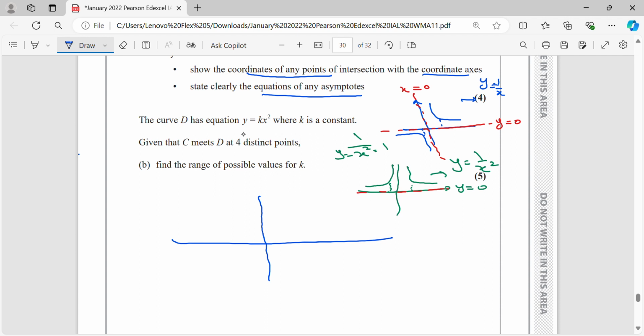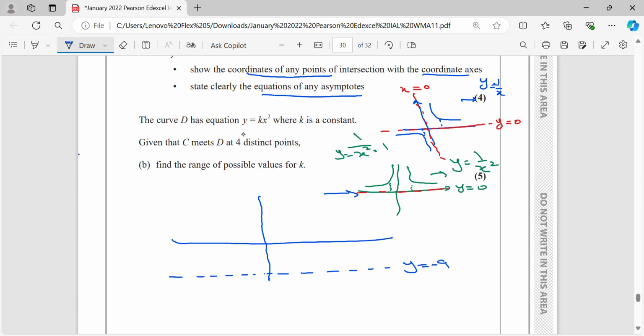Let's say -9 is somewhere here. So I have shifted my asymptote to y equals -9.